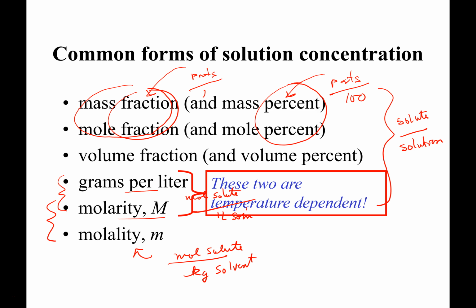That's normal. But at about 4 degrees it has its maximum density, and then as it solidifies, it bloats out. So your volume is a moving target, and it's temperature dependent. This one down here is not temperature dependent, because the mass of solvent won't change with temperature.